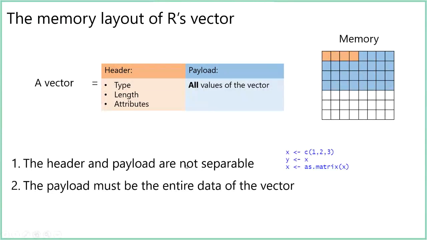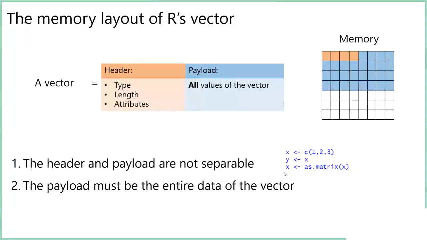For the first point, say we have code like this: we create a vector x, and then we assign x to the variable y. From our perspective, a variable is just a name for the internal memory object. So after the assignment, x and y share the same memory object.